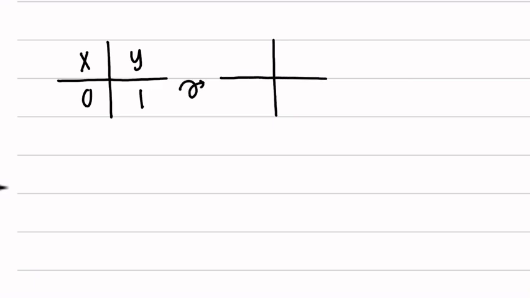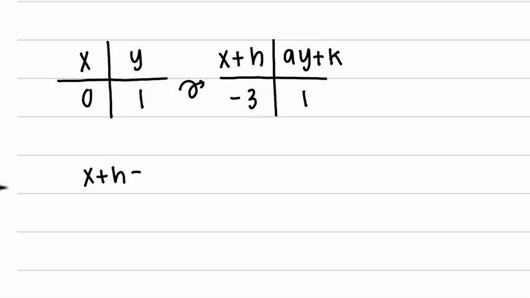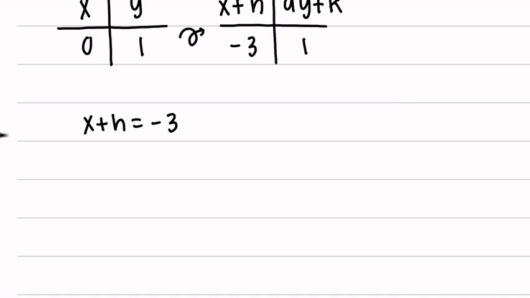So the point -3, 1 has gone through the transformations of x plus h and ay plus k. So we can set up equations for ourselves. If we know that x plus h must result in -3, well, the x value that I added h to was 0, so 0 plus h equals -3, and h equals -3.